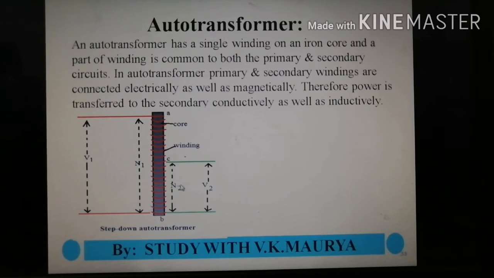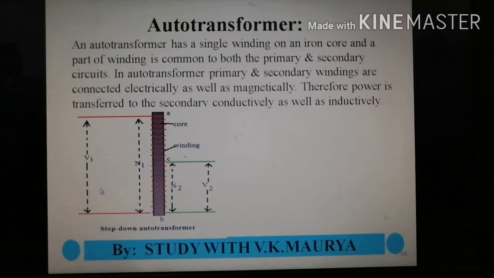So the secondary circuit is directly connected with the primary one. There is a direct electrical connection between primary and secondary. So energy is transferred from primary to secondary conductively as well as inductively.